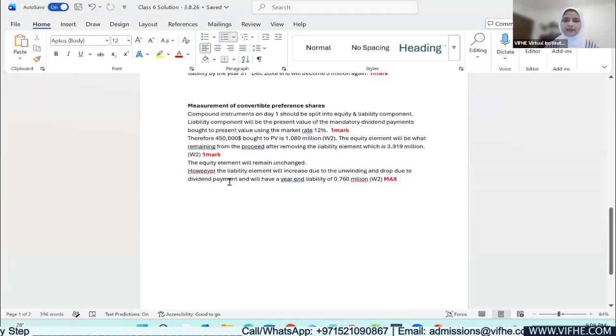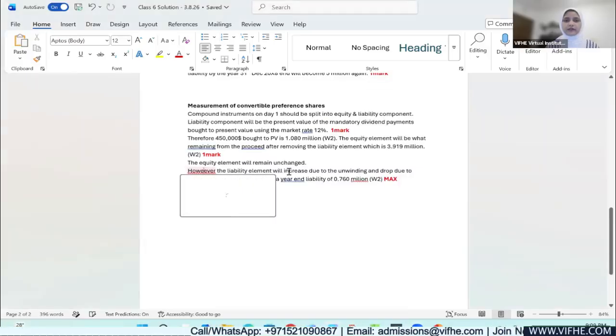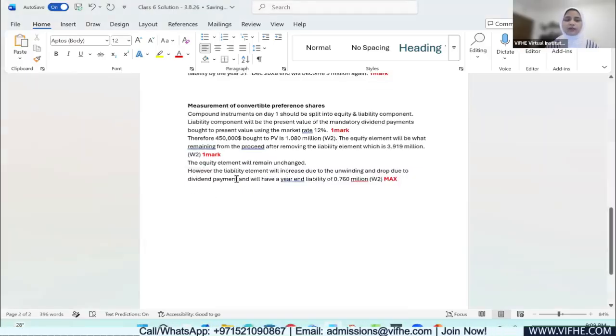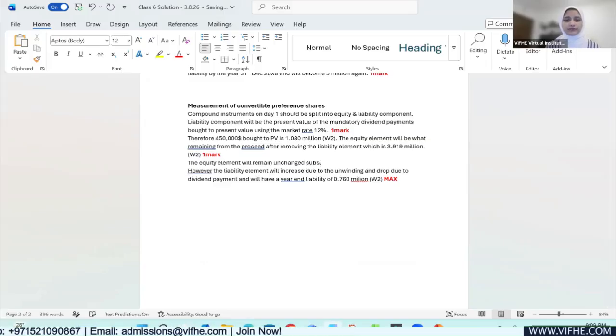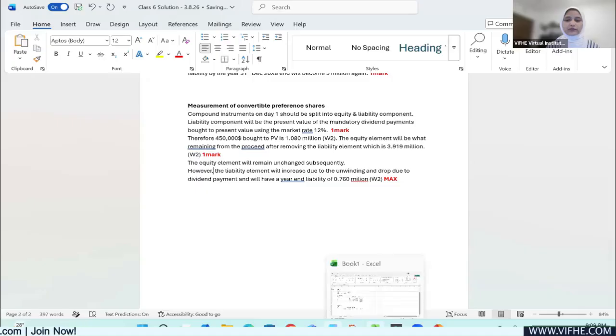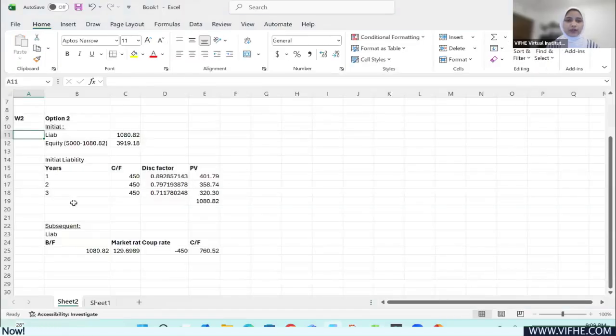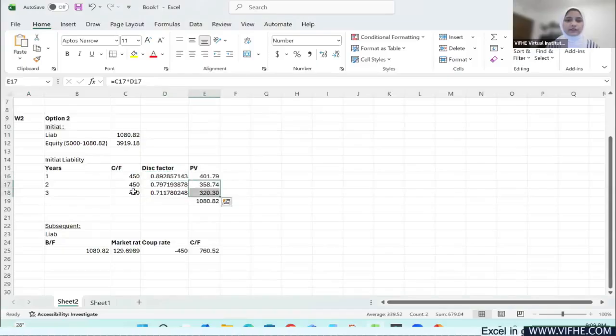Yes, the last paragraph I can re-explain. What I'm trying to explain is the liability's subsequent measurement. The equity element, I said, will remain unchanged subsequently. If you want, I'll form a fuller sentence. However, the liability element will increase due to the unwinding. Unwinding of what? You brought these cash flows to present value by multiplying by the discount factor.